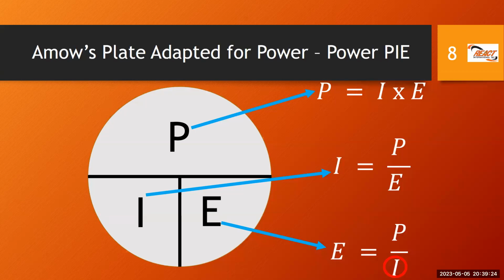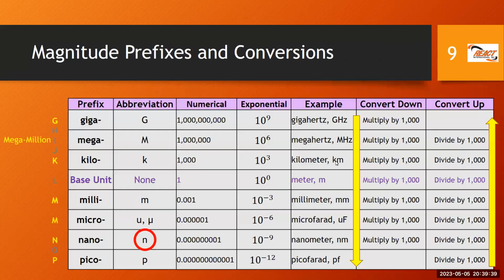However, during the session itself last week, there was an error. So just pointing out the error, an I instead of an R in the denominator of the last equation. Okay. Also, another error that was made when we were looking at the magnitude prefixes.